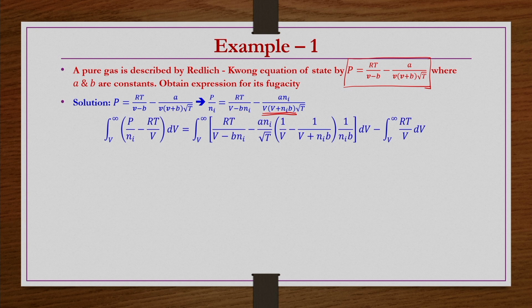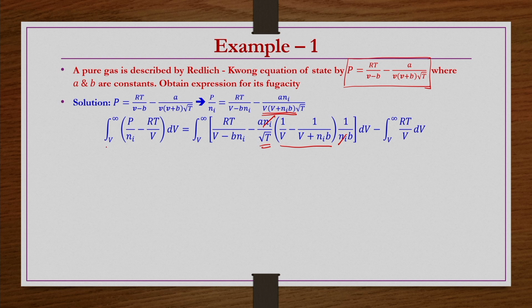So A Ni by square root of T is constant, and the term 1 by V plus Nib I can write as 1 by V minus 1 by V plus Nib, multiplied by 1 by Nib, which is the same as 1 by V into V plus Nib, right. Now this Ni I can cancel out, whereas the remaining terms are the same.